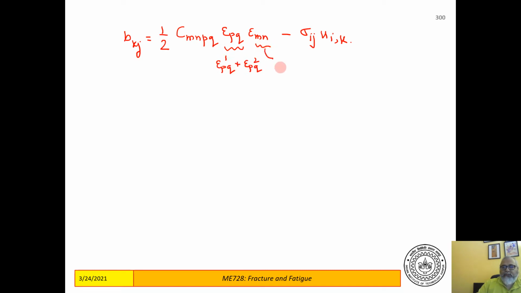We replace this with epsilon_mn1 plus epsilon_mn2. We replace this with sigma_ij1 plus sigma_ij2, and this by u_i,k1 plus u_i,k2. So these replacements we do for both the problems. When you do this, this is what you will end up with.